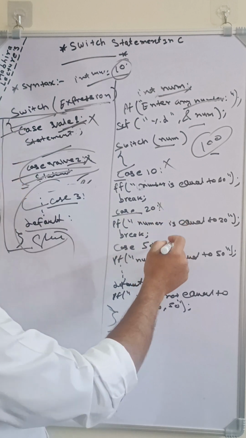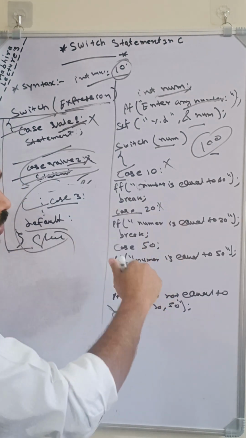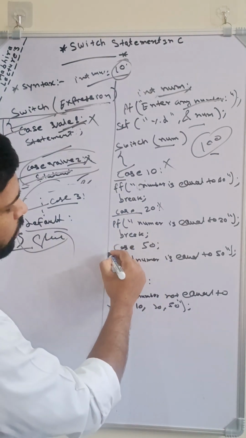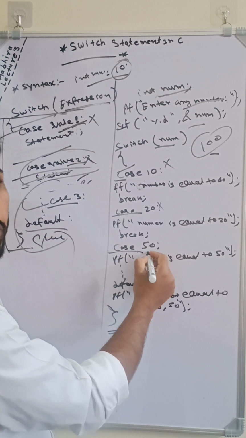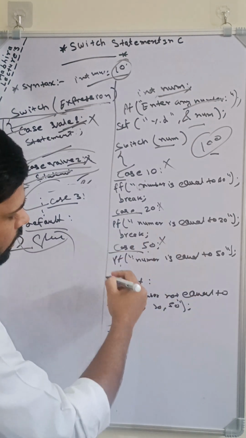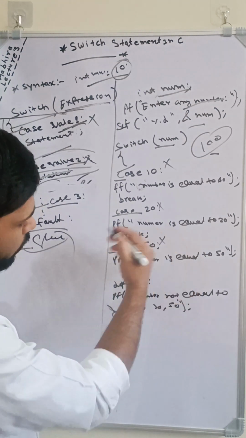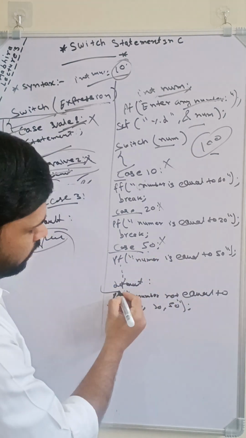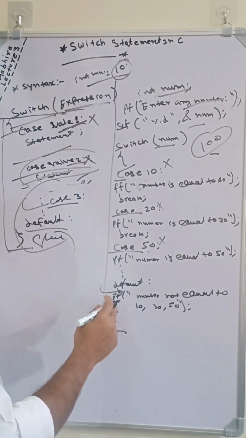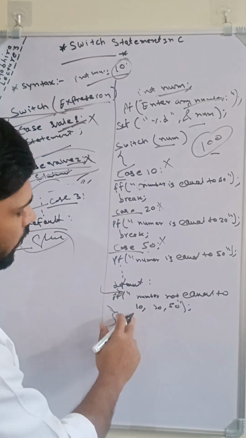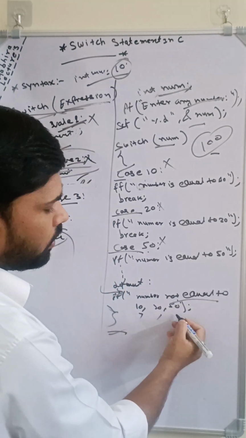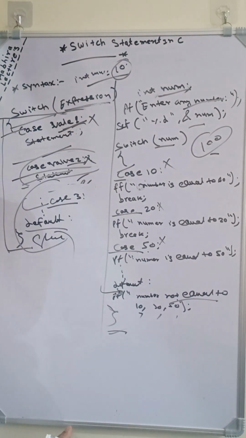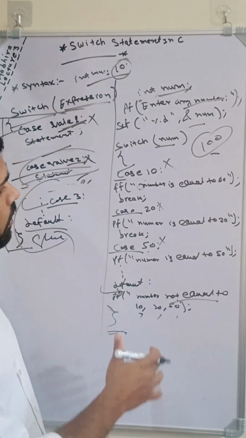No, it's 20 only. So again it will go to another case. It will check the third case. Is it 100? No, 50 only. Then again it's wrong. Then there is no other case, so it will jump to the default. In default it will print number not equal to either 10, 20 or 50. So this is what switch cases do.